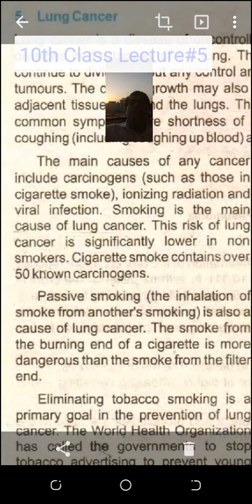This is a negative mutation, because these chemicals have changed the DNA sequence, the sequence of nucleotides: adenine, thymine, guanine, cytosine, the 4 nucleotides. You will study DNA also in upcoming sessions. This specific sequence of nucleotides will change.